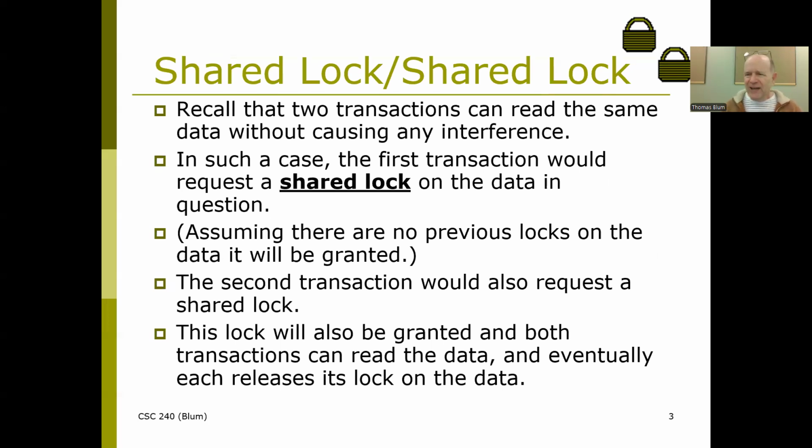If we're just reading data, looking at it, or in database language, selecting it, and we're not changing the data, and two transactions just want to read the same data, that's not a problem. But it is a problem if somebody else wants to come along and write the data.